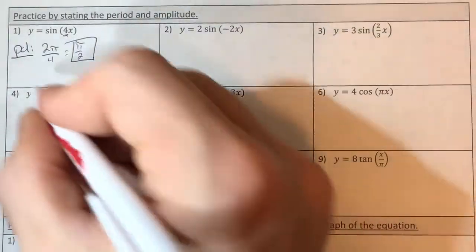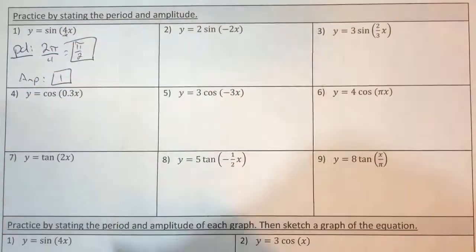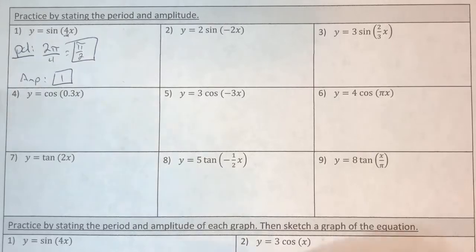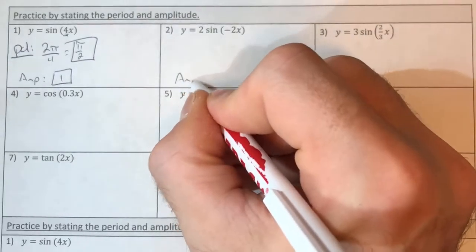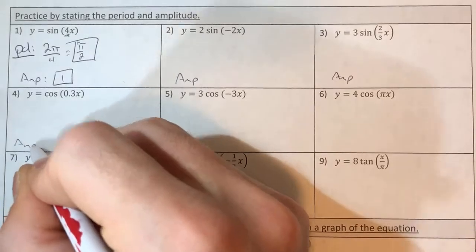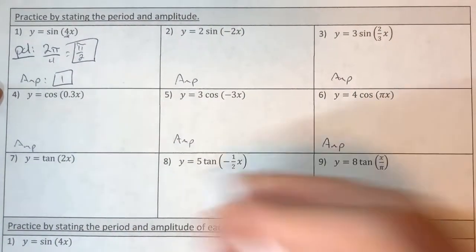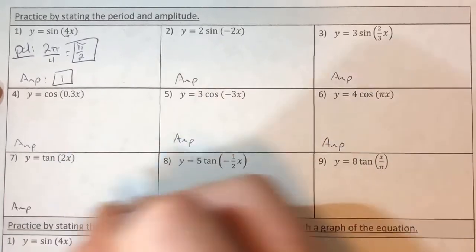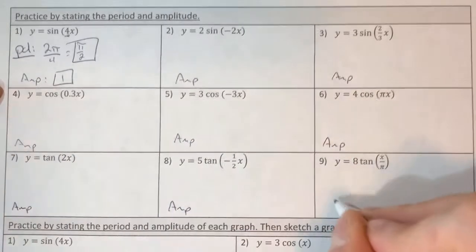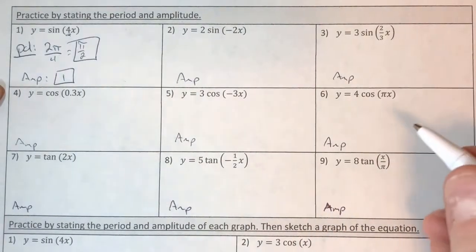For the amplitude, it's just that number out front, which is going to be a 1. In fact, all of these for my amplitude, it's going to be that number out front. And so you can just look at the equation and figure out what it's going to be. Without doing any math, you're just writing down the number. That's going to be how high and how low does the graph go.